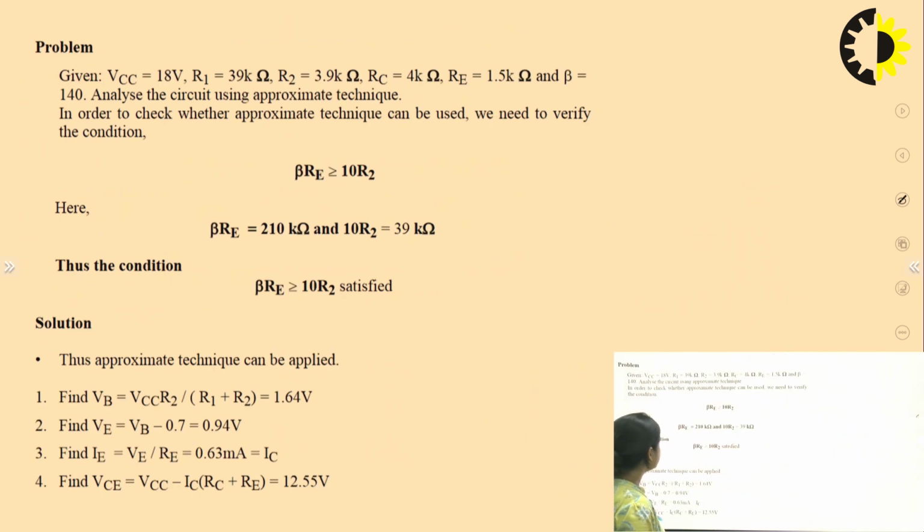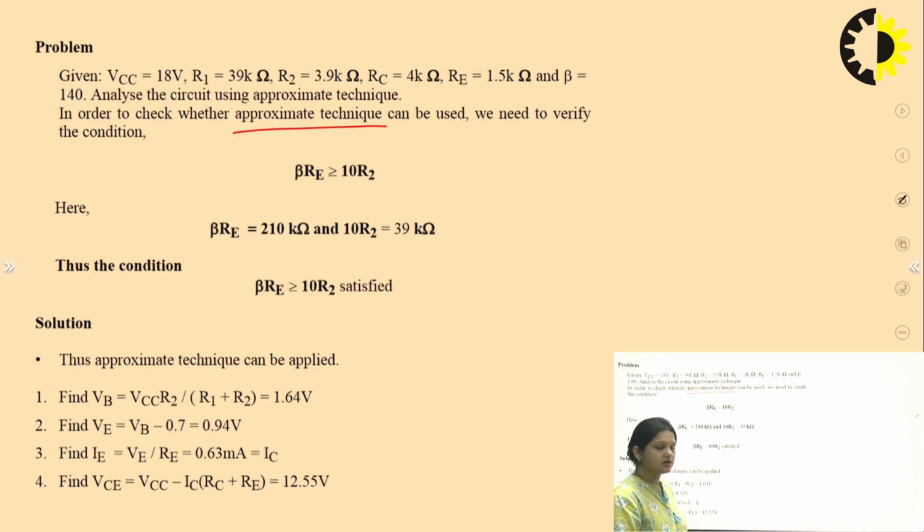So there are two methods of solving this voltage divider biasing. Here one problem has been discussed. We can apply the approximate technique to solve these types of voltage divider circuits, because in the exam you will be asked some questions on voltage divider biasing. Two popular methods are there.